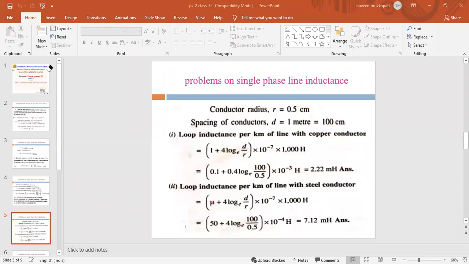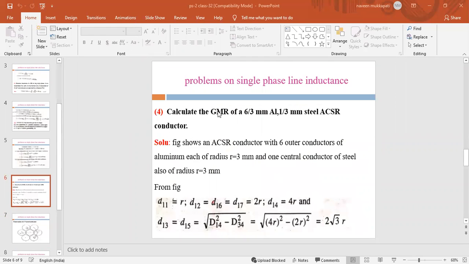After that, we calculate another problem: calculate the GMR of a 6 by 3 millimeter conductor. What is meant by GMR?